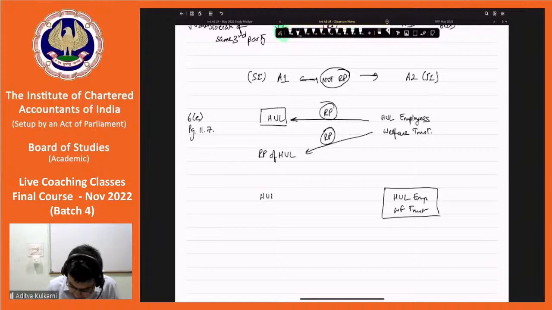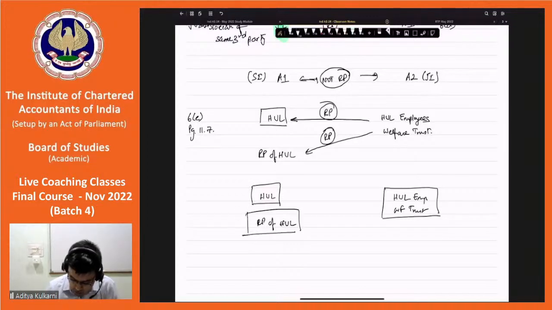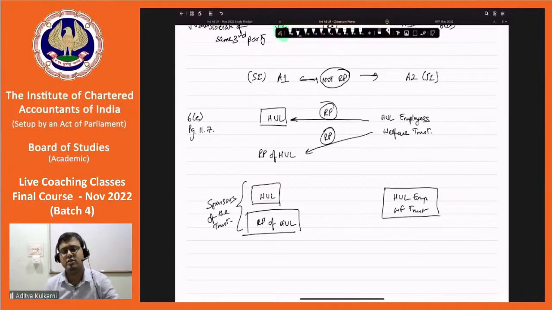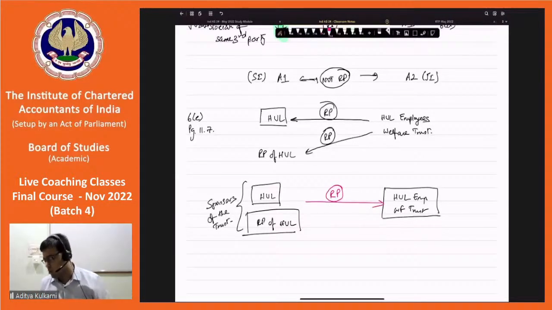So HUL or related party of HUL, when they contribute, these parties are known as sponsors of the trust. Why sponsors? Because they give money to the HUL trust in order to invest, run the day-to-day operations, etc. And therefore, HUL or related parties who are the sponsors, they become the related parties of the HUL Employees Welfare Trust.